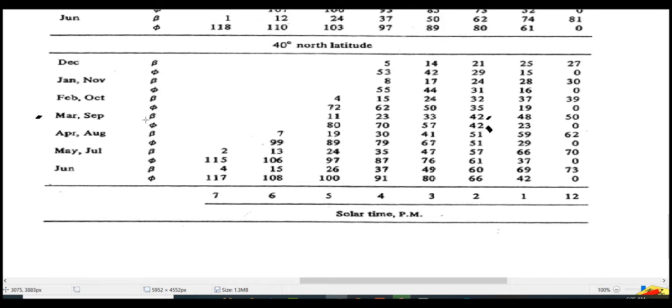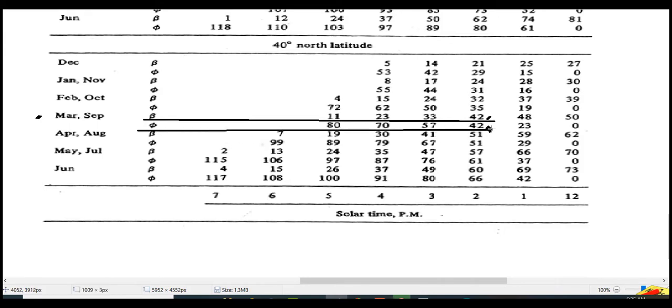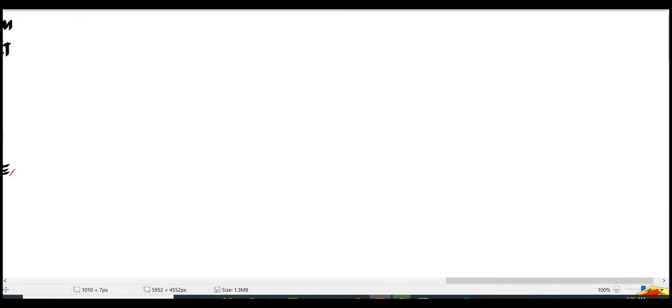So we can draw a line. Okay, we have the value of 42, and we have also 42 degrees and another 42 degrees here.